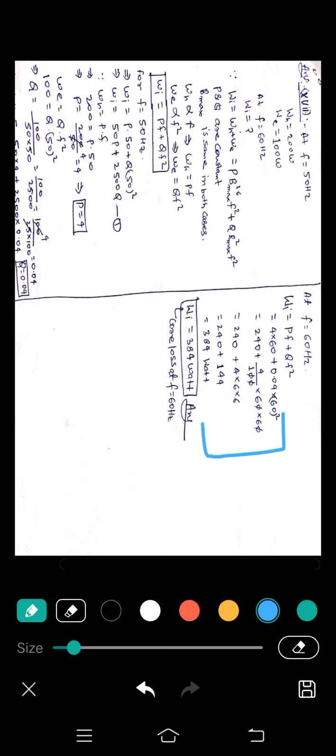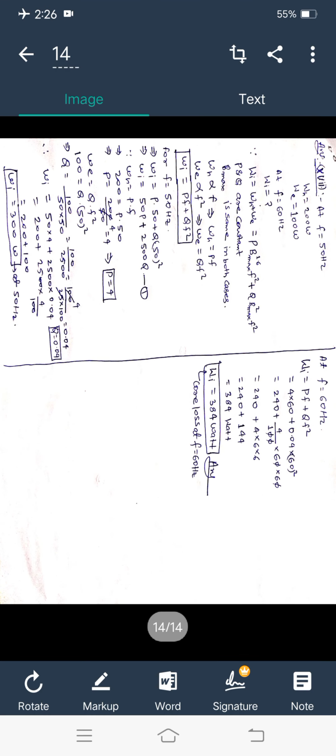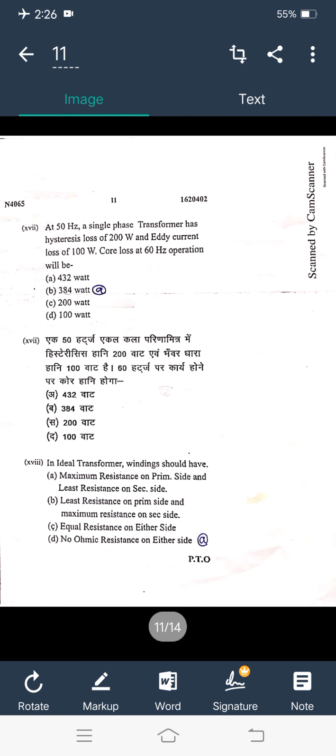Therefore the total core loss or total iron loss at frequency 60 Hz is equal to 384 watt. So the right answer for question number 17 is option B.